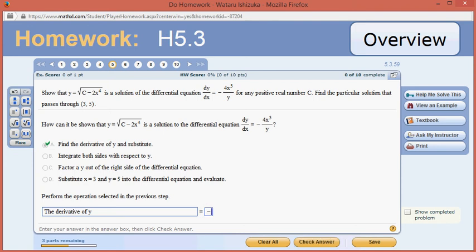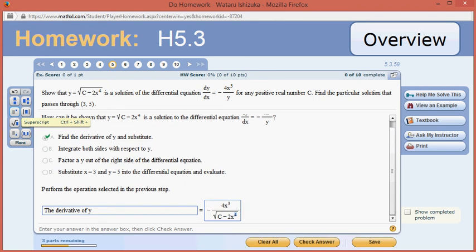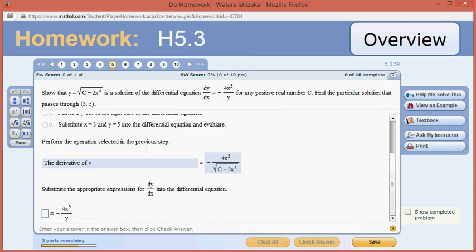Right, it's negative 4x cubed divided by square root of c minus 2x to the fourth power. Right, let's check the answer. Right, got that.